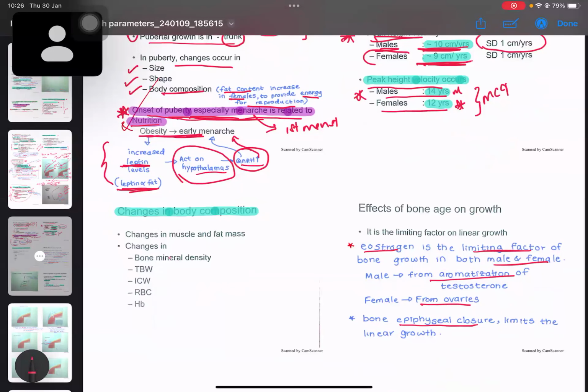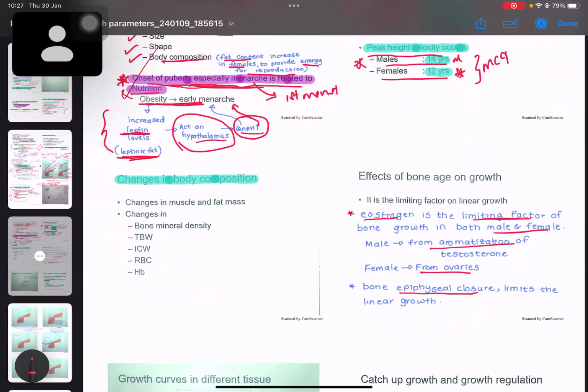These are the things that we say in the Sri Lankan setup, because this is for Sri Lankans, so it means Asians. This might be wrong in other countries, but for our MCQ and exam paper purpose, this is the thing. For males 14 years, females 12 years, peak height velocity.